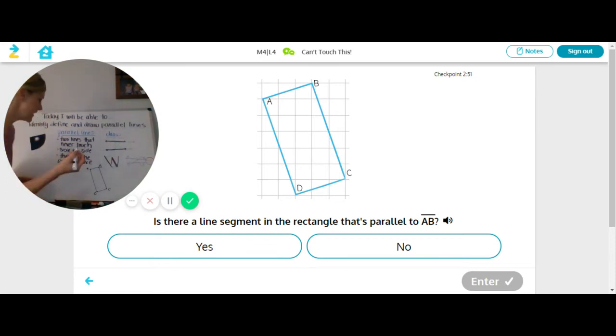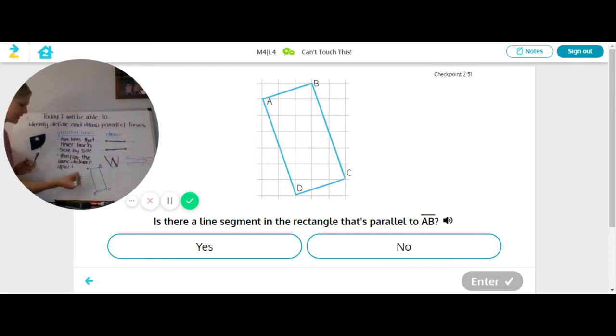So we have line AB here. This is line AB. Is there a line segment that's parallel to AB? Two lines that never touch, side by side, the same distance apart. Well, as I look across from my rectangle, I notice that line CD, or DC, however you want to write it, is parallel.